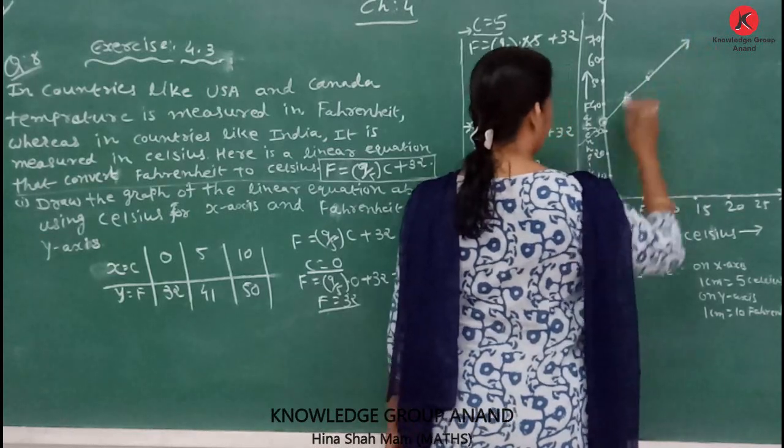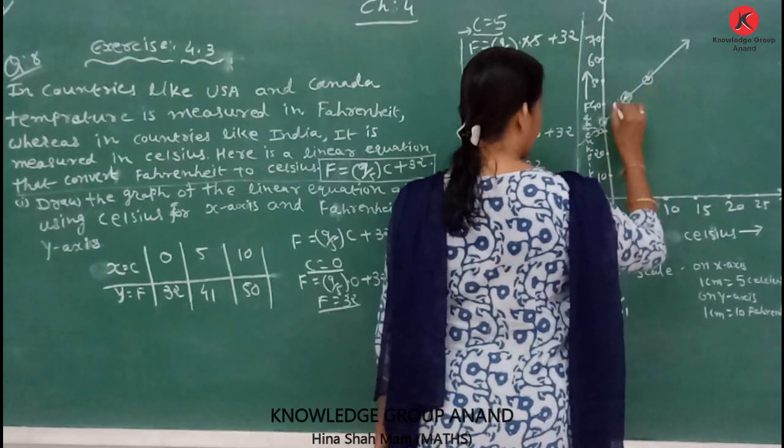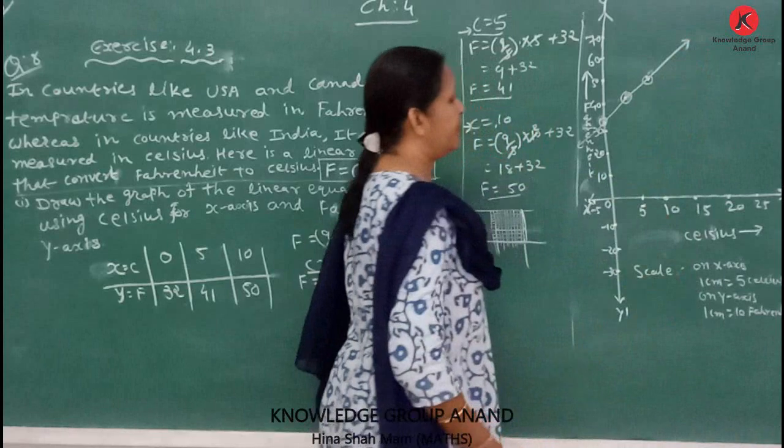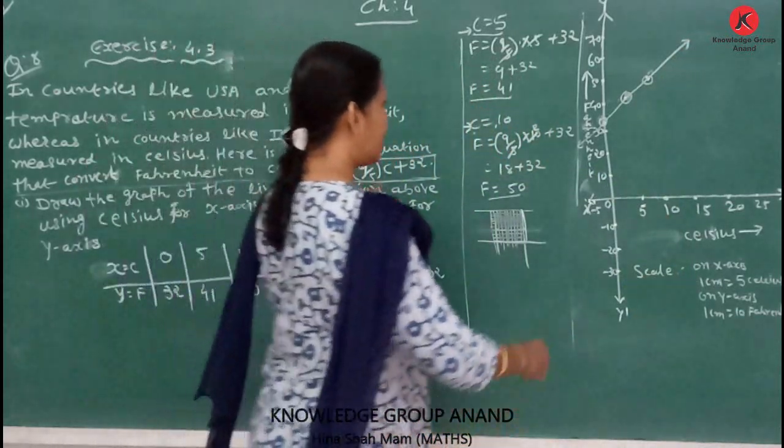You join these points by ruler. It is a straight line. And what is its equation?